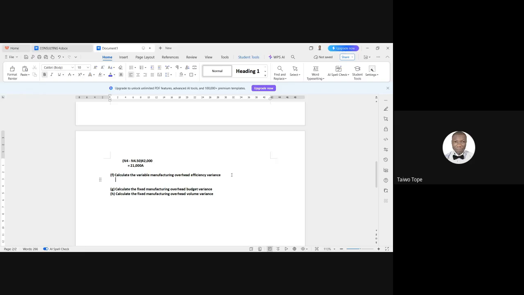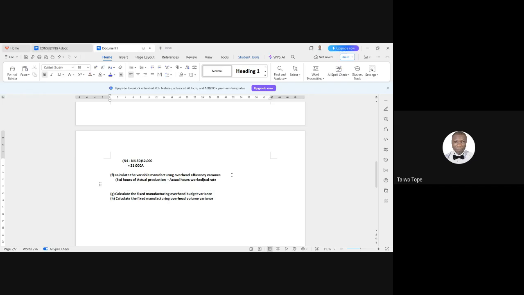The formula is standard hours based on actual production minus actual hours worked, multiplied by the standard rate.